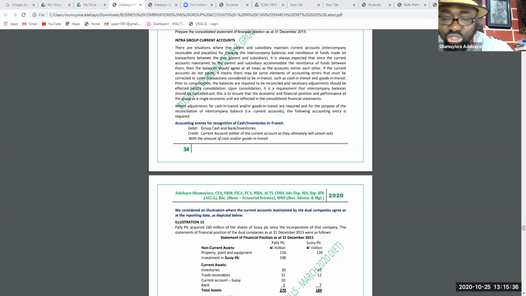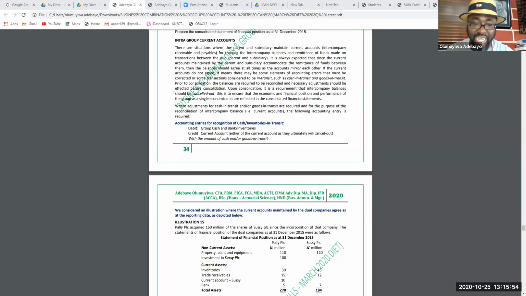And what we need to do, as earlier explained, is that such balances have to be eliminated upon consolidation of the accounts of the parent and the subsidiary. Now, the first premise we start with is to assume that the balances are in agreement.